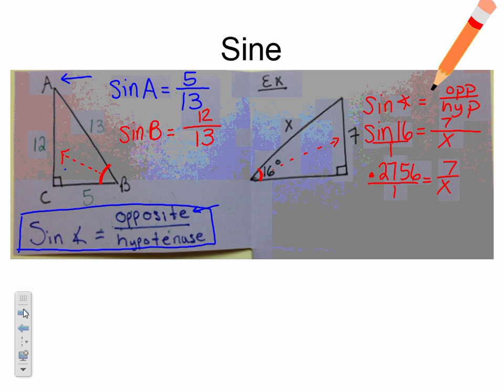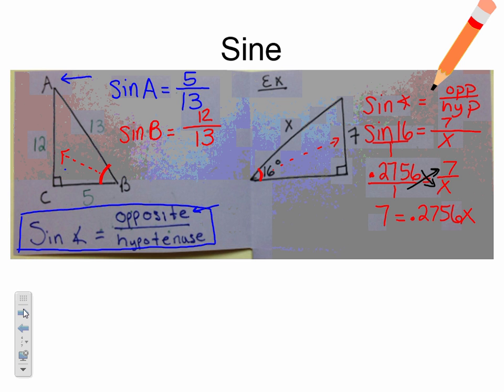Now we take a look at what we have, and we want to cross multiply here to solve for x. If I cross multiply this way, I would get 7. And if I cross multiply the other way, I would get 0.2756 times x, which is 0.2756x.